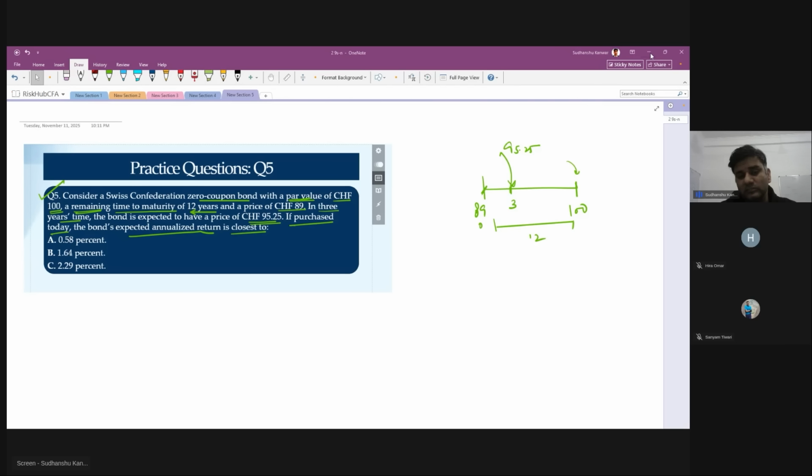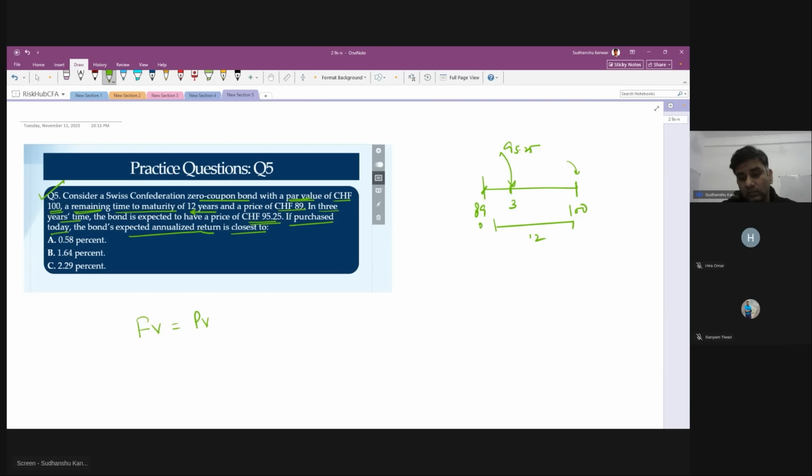If you apply a first principles approach, a very simple first principle approach, the logic is that you take your future value, FV is equal to PV.